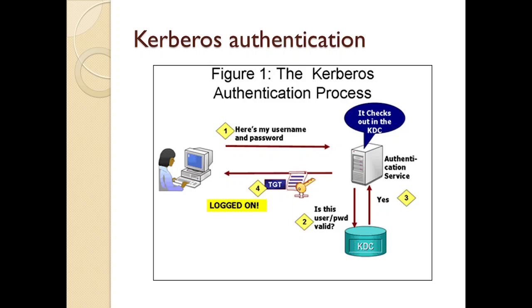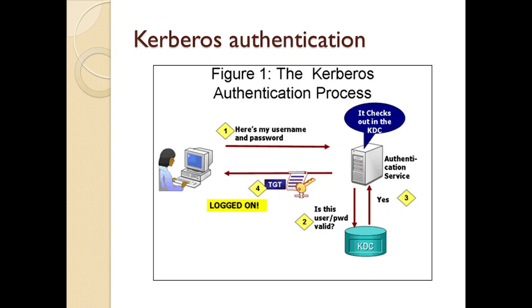It will ask the Active Directory server whether the information is valid or not. I mean, is the information available in the system or not? The Active Directory will check whether the username and password are valid, and it will send the reply back to the Kerberos protocol.